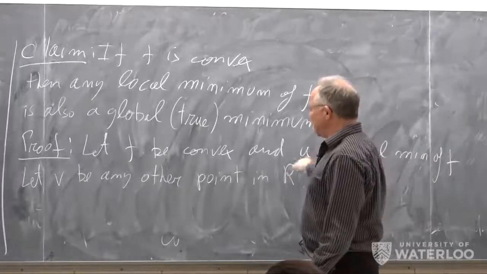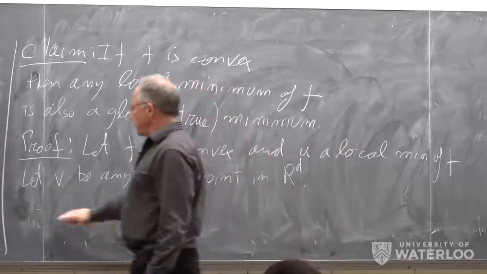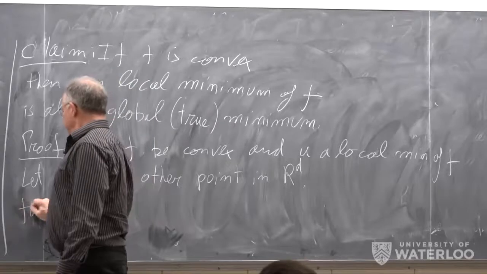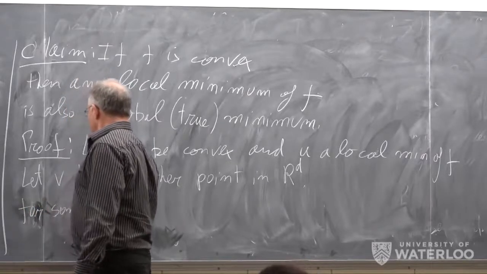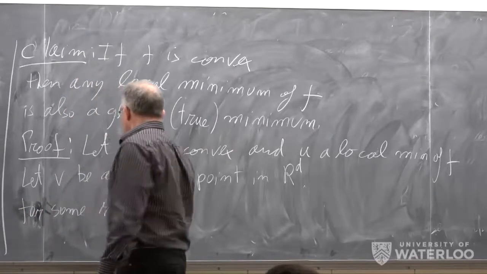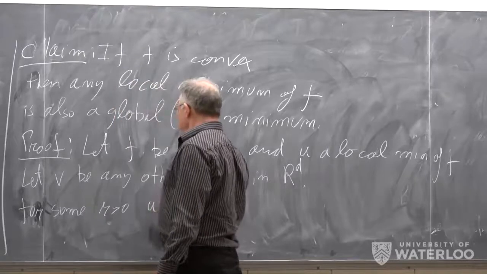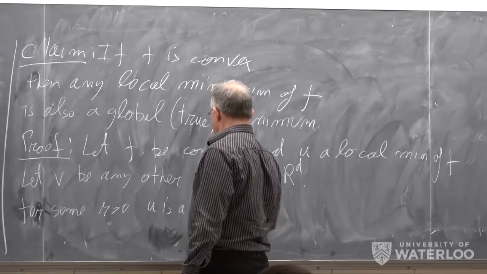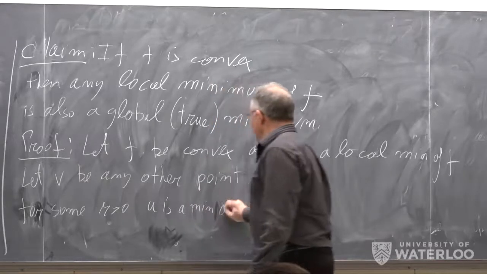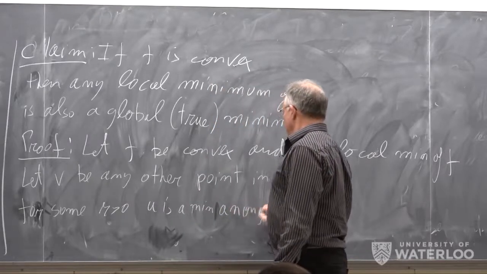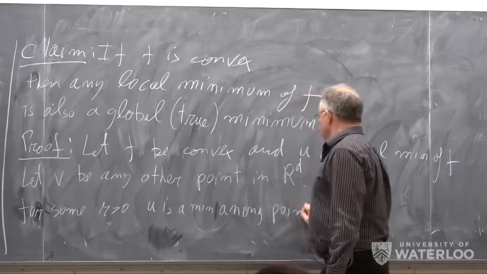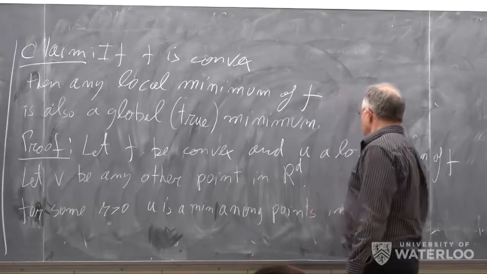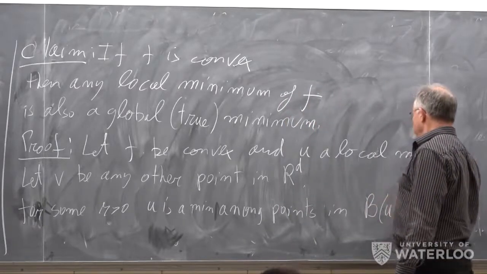So now the local minimum, so we know that for some r greater than 0, u is a minimum among points in the ball around u of radius r.